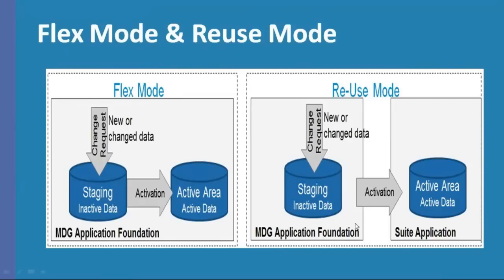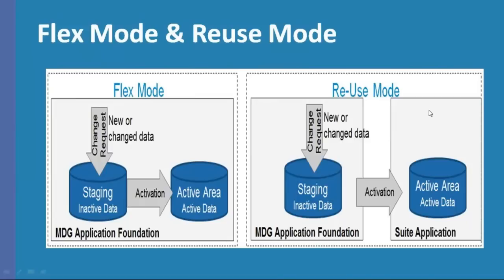But after the activation, it will go to the active area, which is nothing but your ECC application suite. That is nothing but the database table, so a different database table. This is how we define the flex mode and the reuse mode.